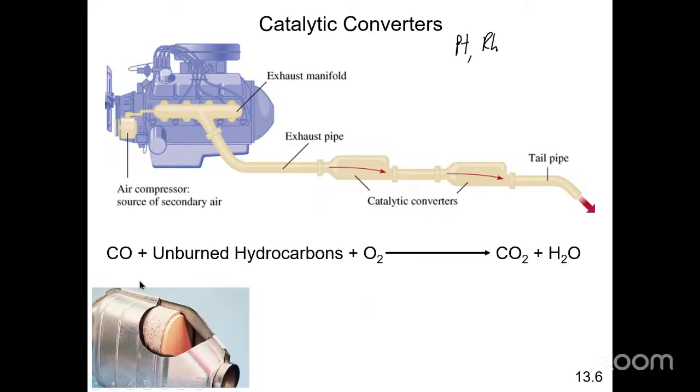So basically, the role of the catalytic converters is to convert carbon monoxide, which results from the incomplete combustion of gasoline, to something less harmful, by reacting carbon monoxide with oxygen to form carbon dioxide and water. So the catalytic converter catalyzes that reaction.